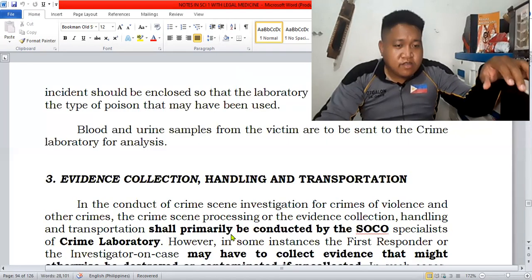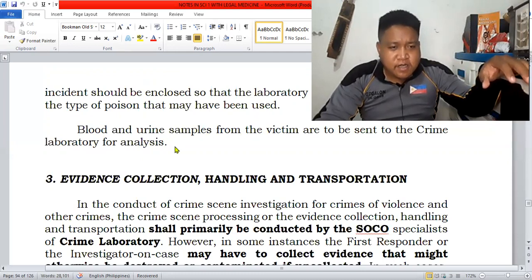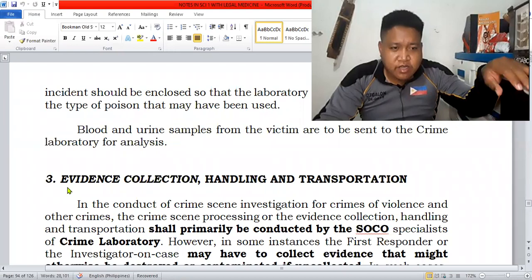So that is the second part of crime scene investigation. Part three of crime scene investigation is the evidence collection, handling, and transportation.